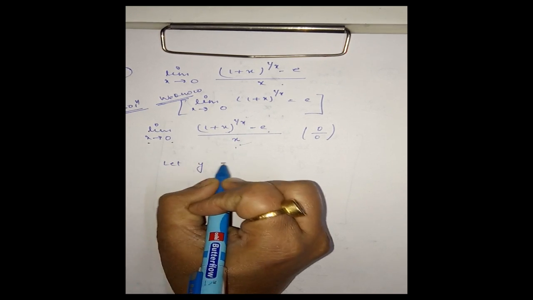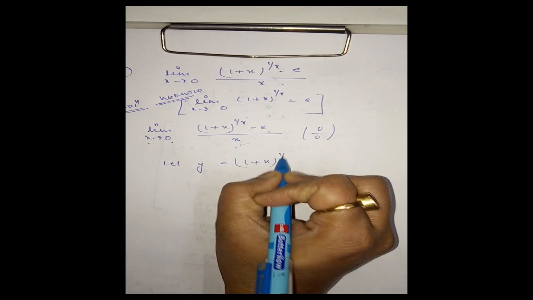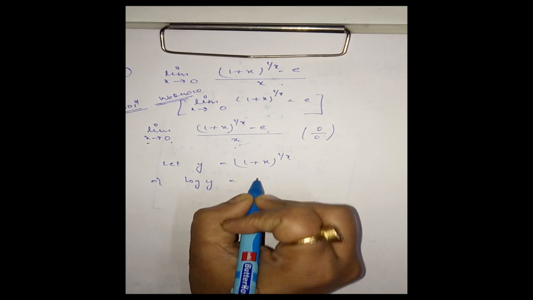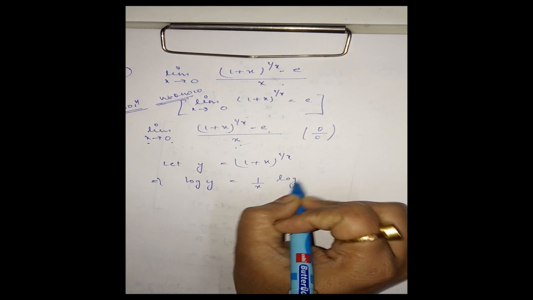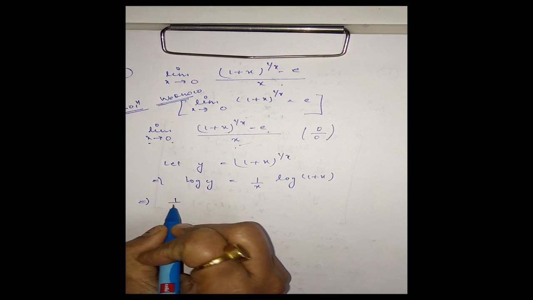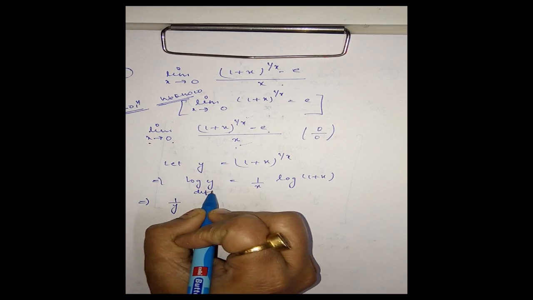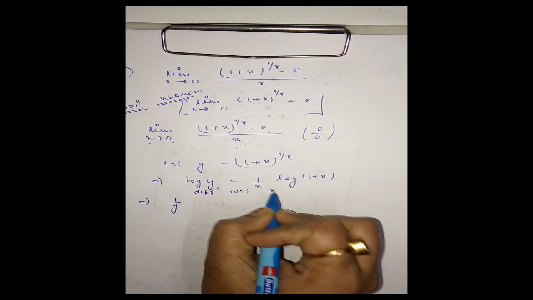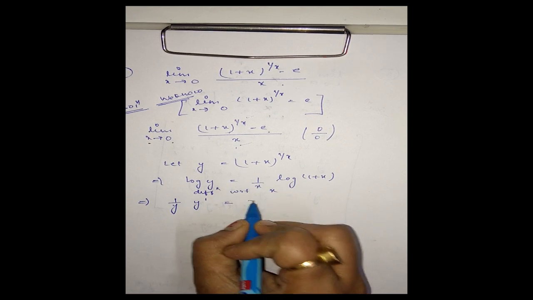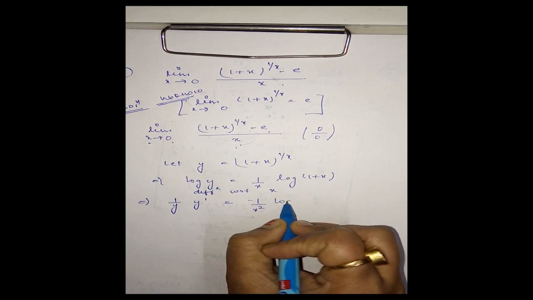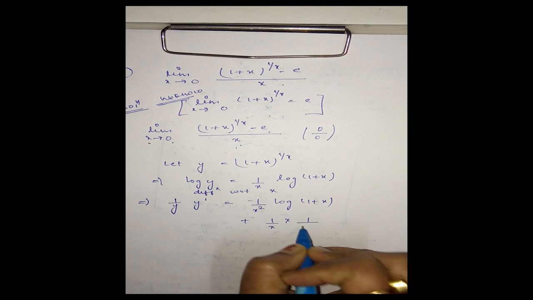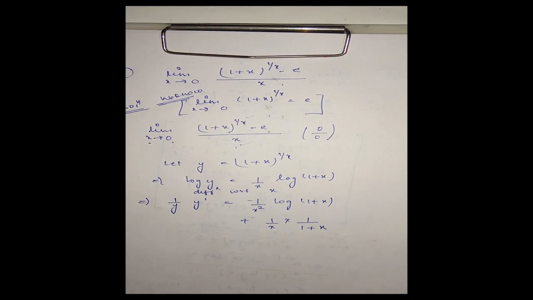Let y be equal to (1 plus x) power 1 by x. Taking log on both sides, we get log y is equal to 1 by x log (1 plus x). Now differentiating with respect to x on both sides, we get 1 by y into y dash is equal to minus 1 by x square log (1 plus x) plus 1 by x into 1 by (1 plus x).